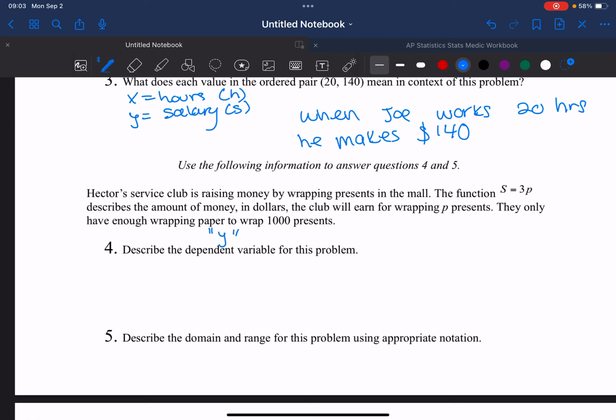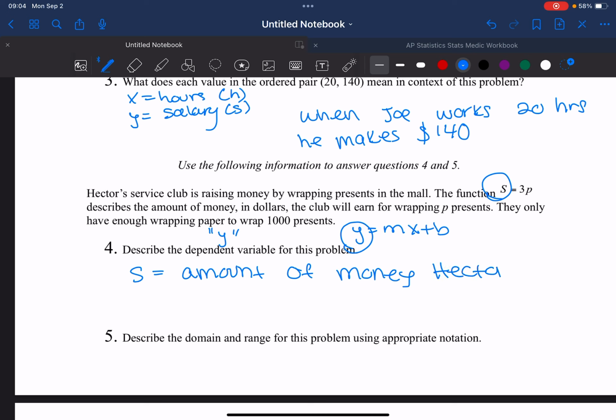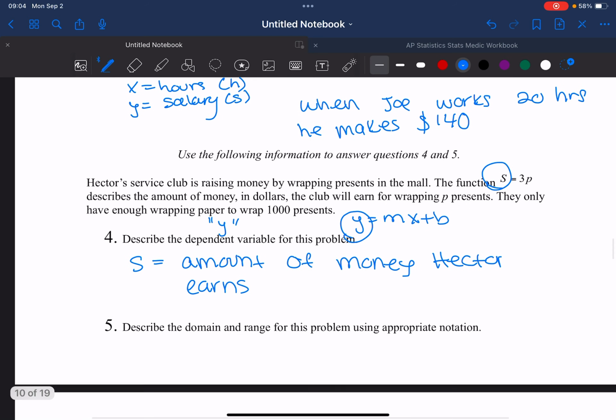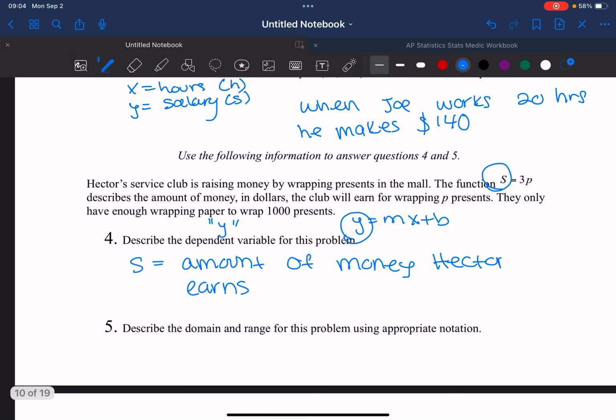If we remember, y comes before the equal sign in a linear function, that means our corresponding y value is the S. And we know S stands for the amount of money. So the amount of money Hector earns. Now it wants us to describe the domain and range for this.